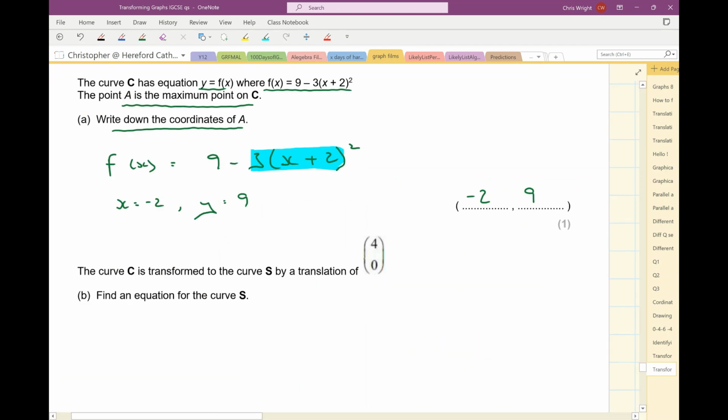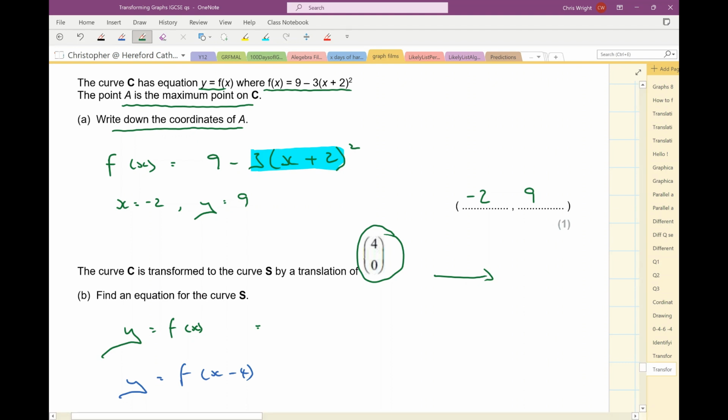Now that curve C is transformed to the curve S by a translation of 4, 0. That simply means it moves 4 to the right, doesn't it? So if y equals f of x is my starting point, and I want to move that 4 to the right, I'm now going to be dealing with y equals f of x minus 4.